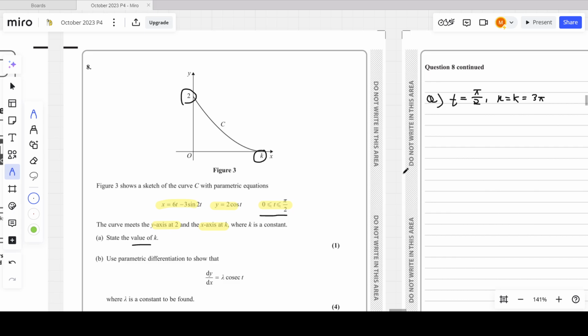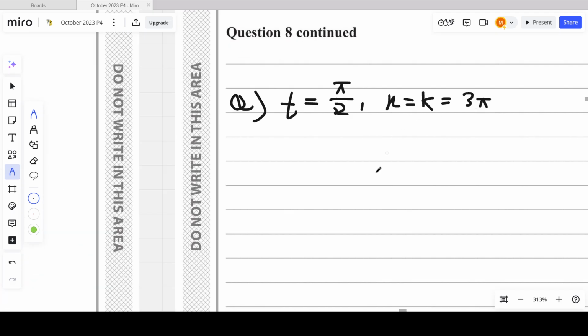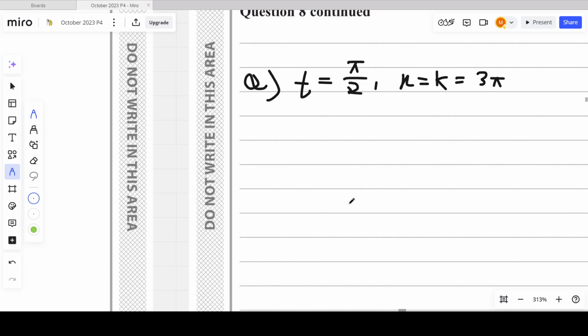Sine 2t means sine pi, that is sine 180 degrees, since pi radians is 180 degrees. Sine 180 degrees is 0, so it is just 3 pi. The value of k is 3 pi.